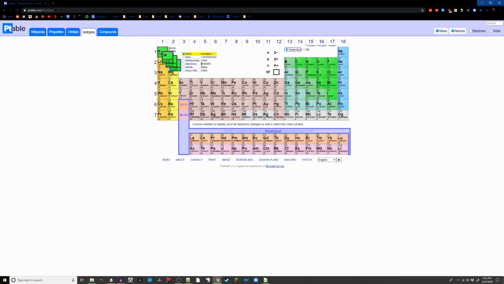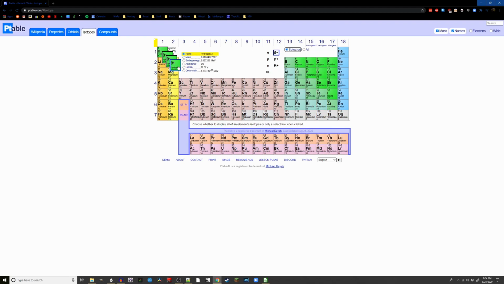It tells us that the abundance of this isotope is 99.9885% of all the hydrogen in the universe. So it's just 1 proton. Then there's deuterium, which is 2 nucleons, 1 proton and 1 neutron, has an abundance of 0.0115% in the universe. So 0.0115% of all the hydrogen in the universe is deuterium, but it's stable.